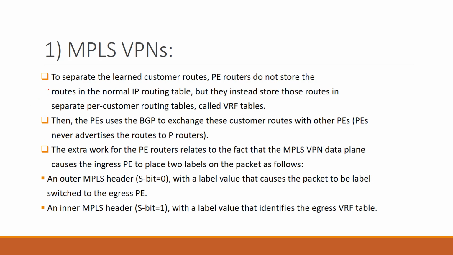So, to separate the learned customer routes, PE routers don't store the customer routes in the normal IP routing table, but they instead store those routes in separate per-customer routing tables. And these tables are called the VRF tables.